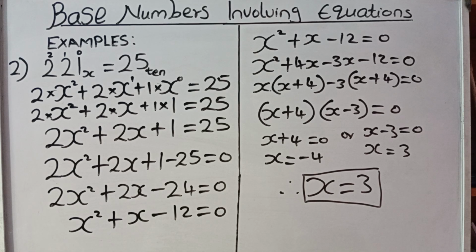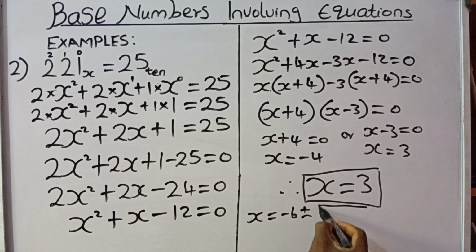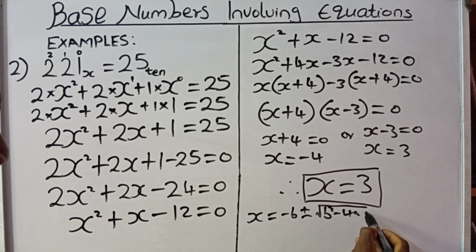You can see the question number 1 left us with an ordinary simple equation, whereas the second one presents us with a quadratic equation. You can actually use the quadratic equation formula in resolving this. We all know the quadratic equation formula, which says x is equal to minus b plus or minus square root of b squared minus 4ac all over 2a.